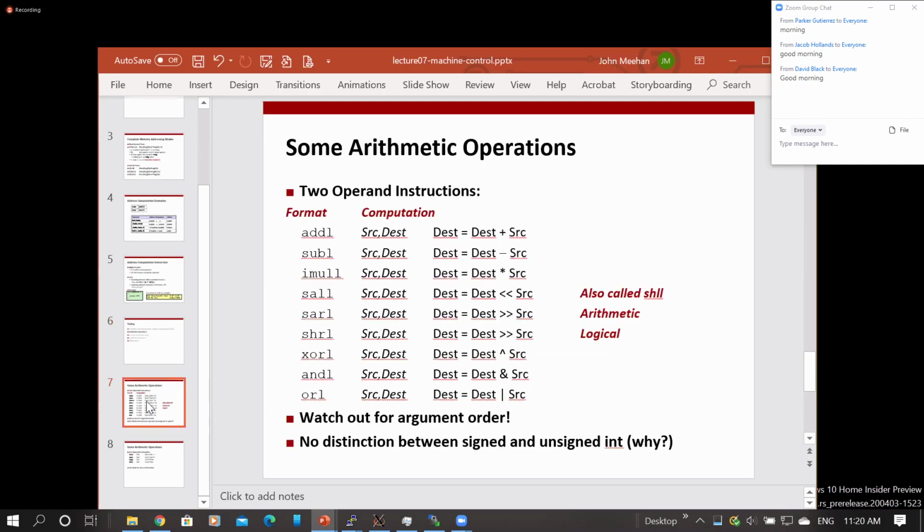So we come up with these inscrutable, mysterious mnemonics for the assembly language for the arithmetic operations like add, subtract, integer multiply. And then, of course, we have our shifts. Shift arithmetic left long word, shift arithmetic right long word.